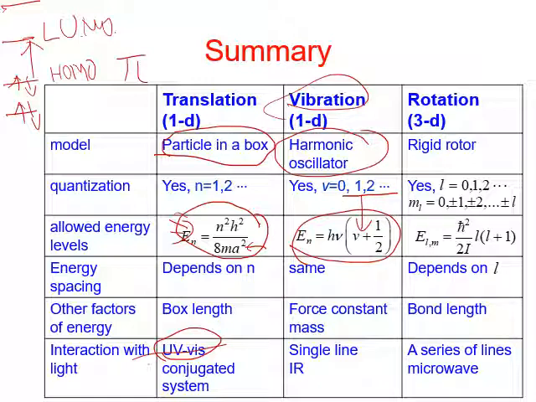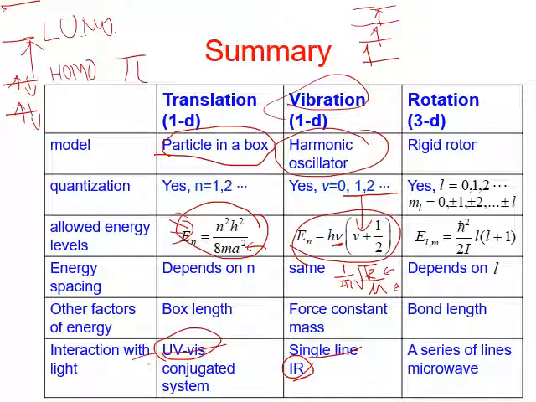And the energy is also determined by the natural frequency that comes from classical physics, calculated by 1 over 2 pi times the square root of k over mu. So the energy is determined by the force constant and by the reduced mass. And the energy separation is equally spaced. And therefore, when you do absorption of light, only one frequency will be absorbed, and that frequency falls in the infrared.